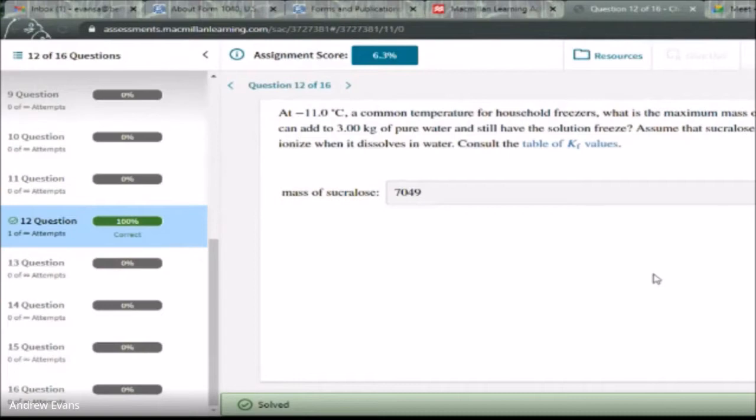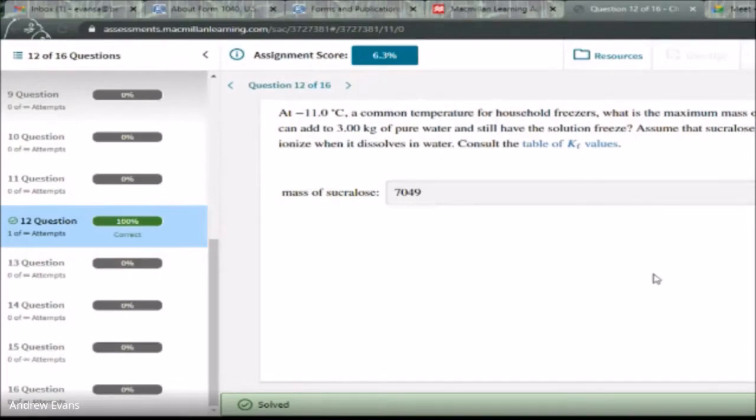This one is working a little bit in reverse, where we have a desired freezing point with sucralose, C12H19Cl3O8. I've already pre-measured this, and the molar mass of this compound happens to be 397.35 grams per mole.